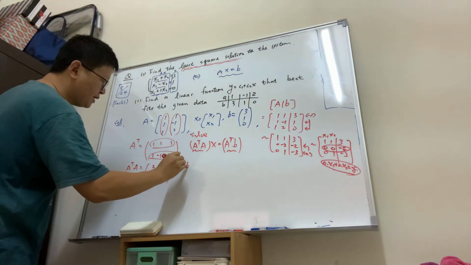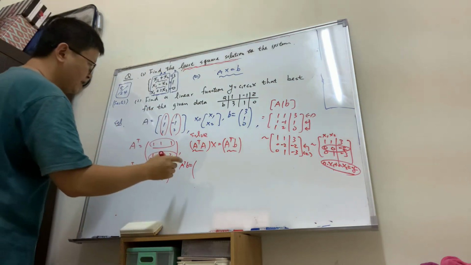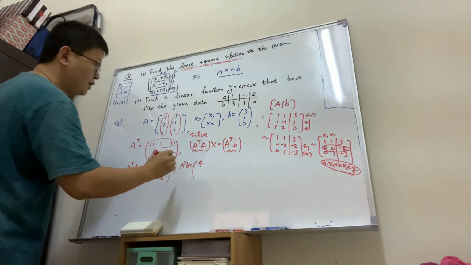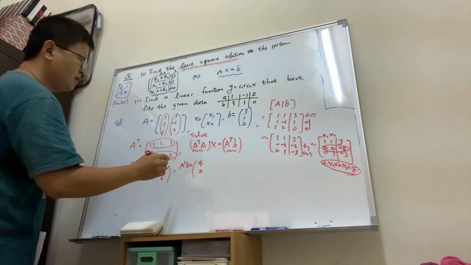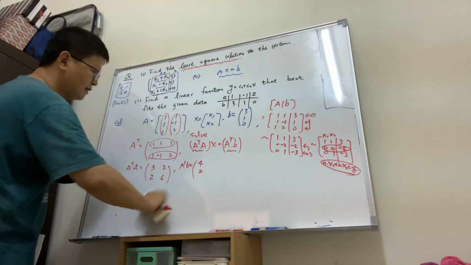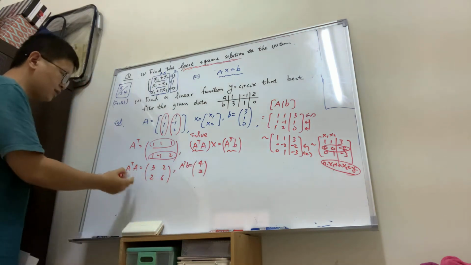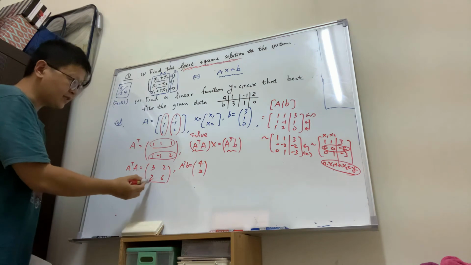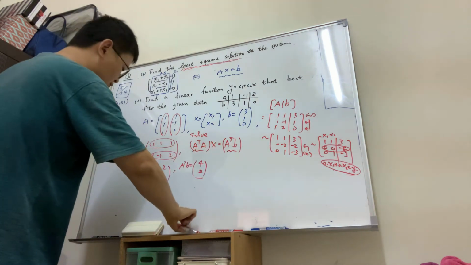A transpose b is 3 plus 1 plus 0, which is 4, and 3 subtract 1, which is 2. So our new matrix is this one and our new vector is (4, 2).